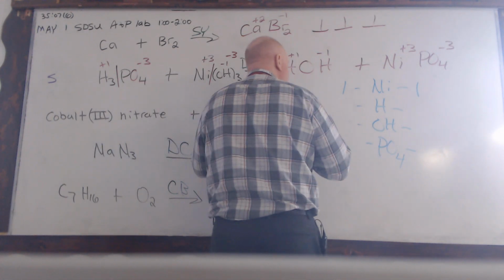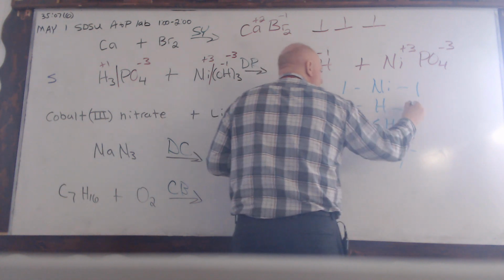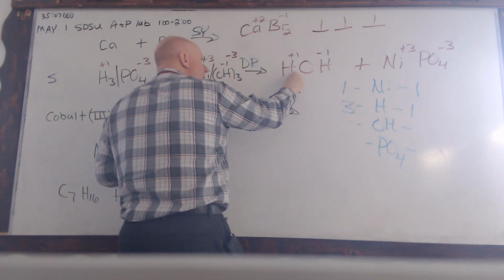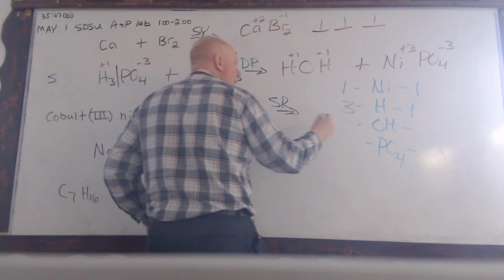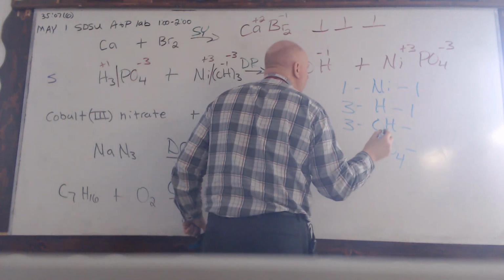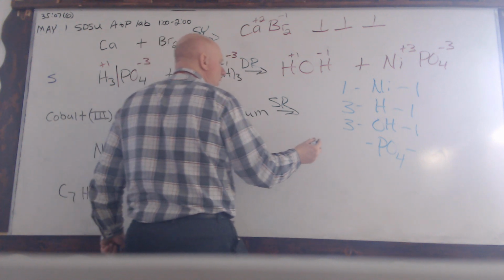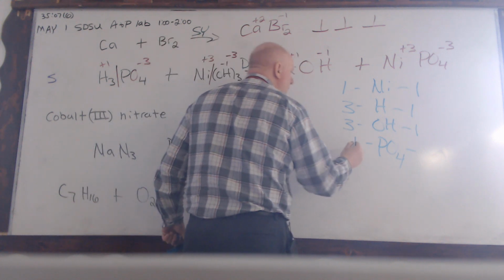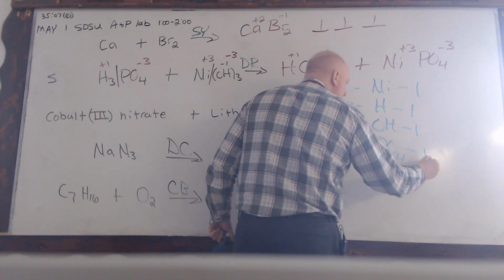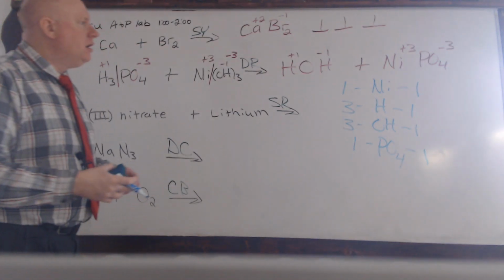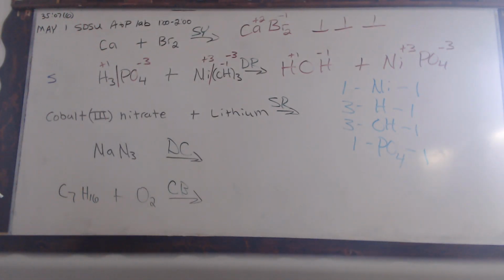Oh yeah, we've got 3 hydrogens. I'm thinking of the product side. We only have 1 over here, that hydrogen. We've got 3 hydroxides on the left and 1 hydroxide on the right. We've got 1 phosphate on the left and 1 phosphate on the right. So that's how you would want to go forward and proceed working on this.